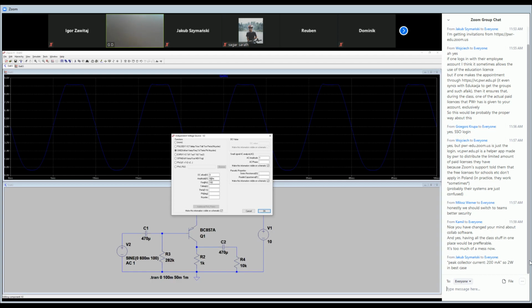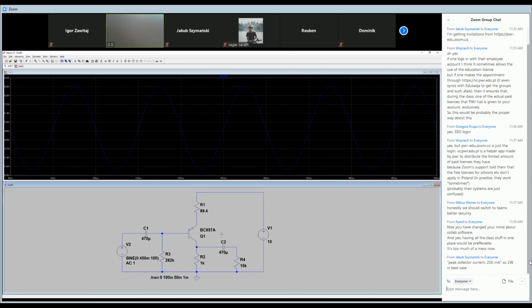Okay, so as you see, for this transistor based amplifier, we can put here the higher voltage input as, for example, 450 millivolts. Let's check it.